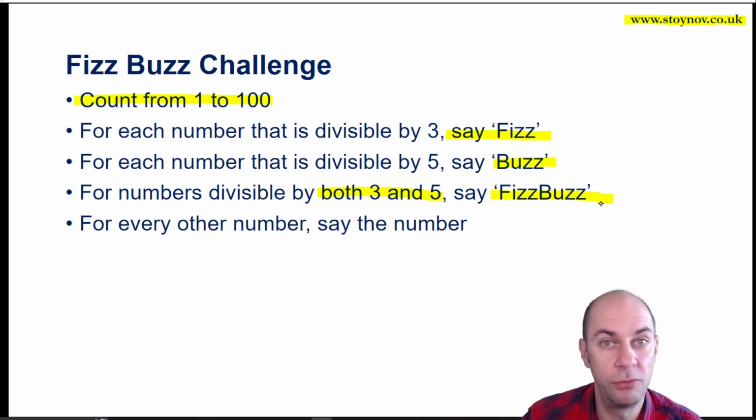So, for example, when I get to 15, I should say FizzBuzz, or let's say 30, I should say FizzBuzz. For every other number, so any number that is not divisible by 3 or not divisible by 5, just regular numbers, we will simply print the number.